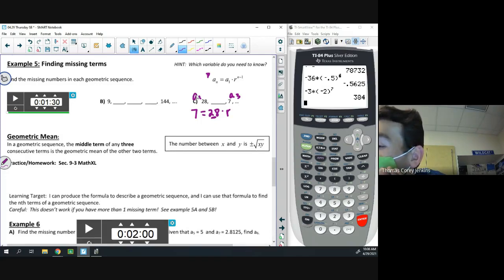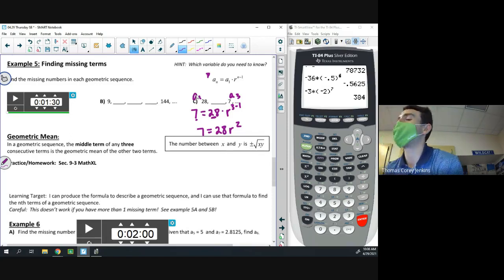Remember, this is a sub 3, so this would be 3 minus 1, or 2. Then we have 7 equals 28 r squared, and we can solve that algebraically. Divide both sides by 28, and that's going to give me 1/4. You could write it as 0.25. That'd be fine.